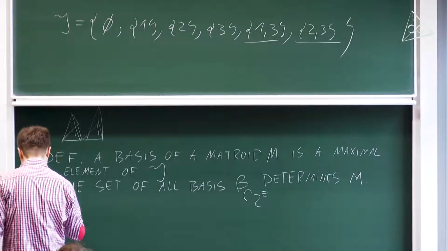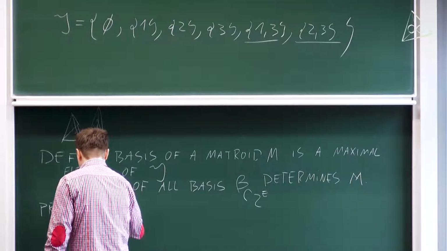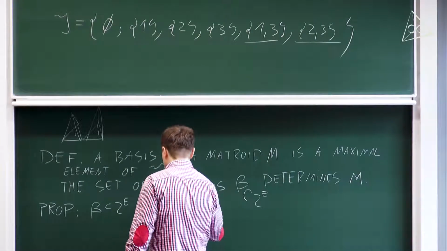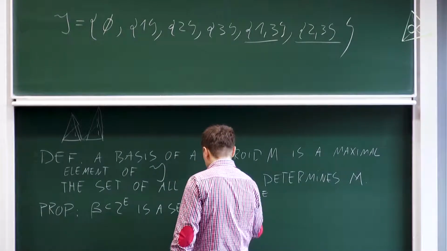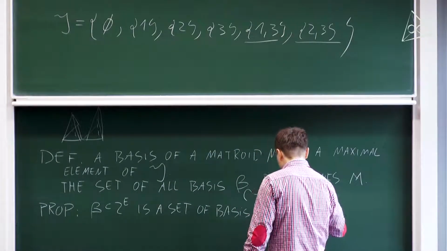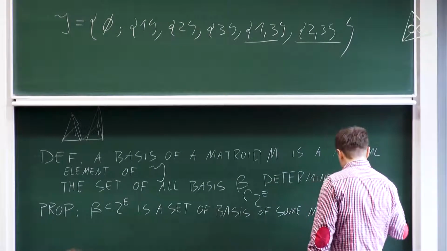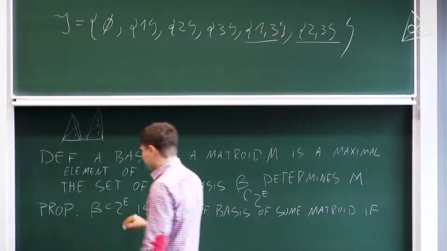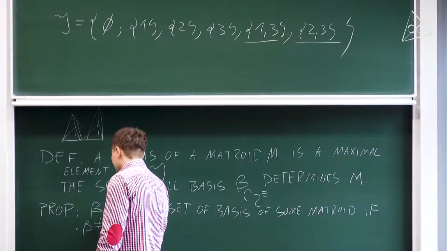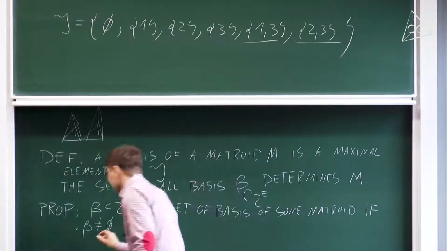So a proposition: B is a set of bases of some matroid if, well, there is always this axiom that I always forget, we don't want B to be the empty set. And it turns out that there is just one more axiom.